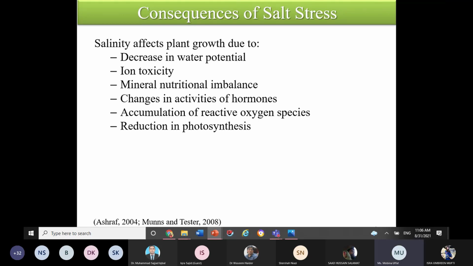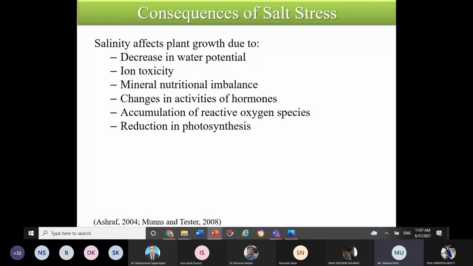If salinity is prevailing and there is a higher salt concentration in the rooting medium, the plants will not be able to take up water. First of all, that will decrease the water potential inside the plant, and they will undergo wilting. They can revive from certain levels of wilting until they reach the permanent wilting point, from where they cannot revive. This decrease in water potential is very crucial for all plants.